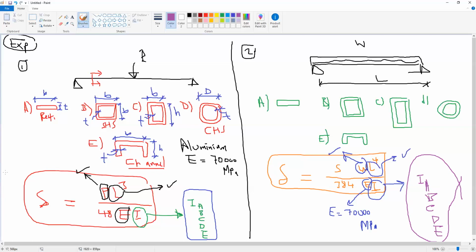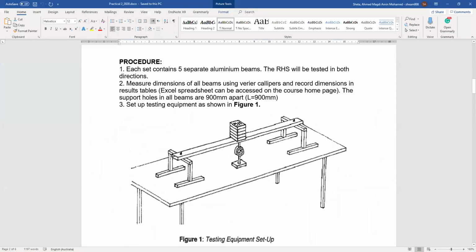Okay. Now I will shift to the project or the practical description to explain how we will do the practical if we are doing it in the lab. Okay, can you see the setup?